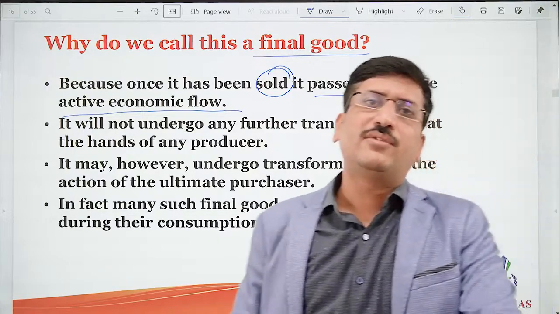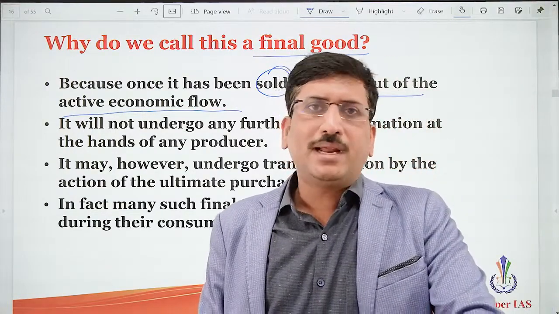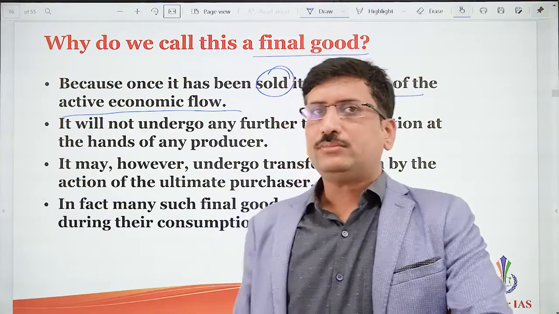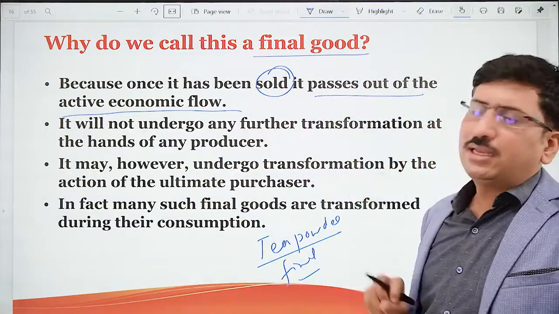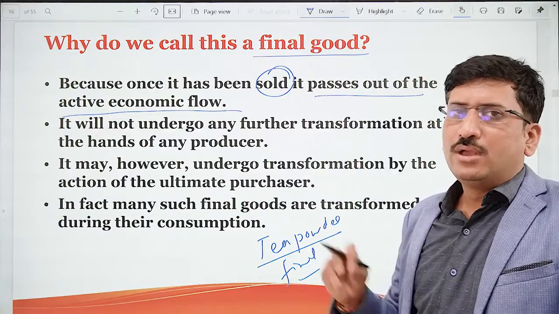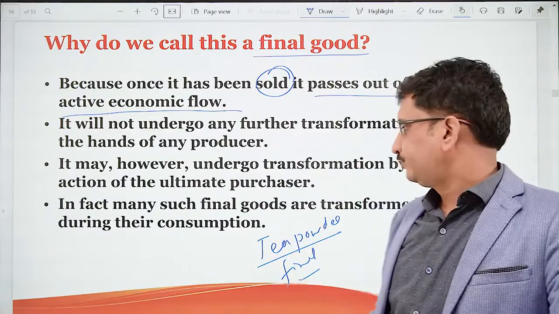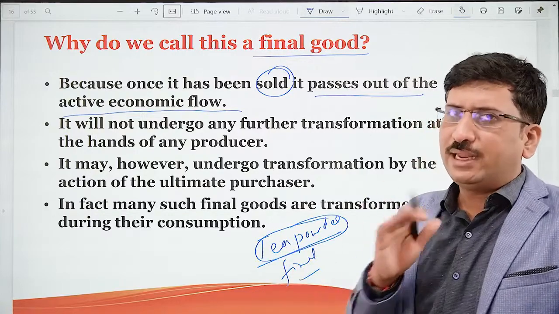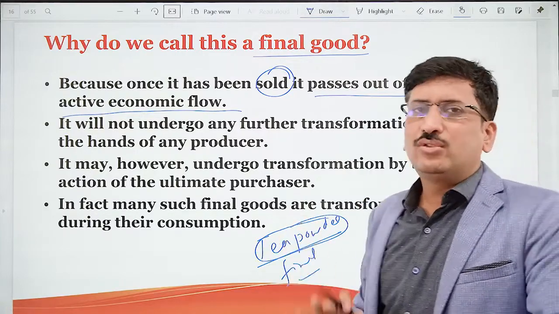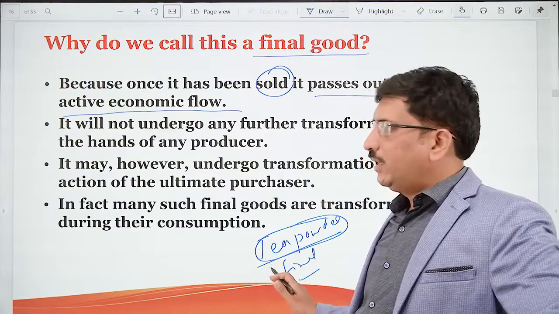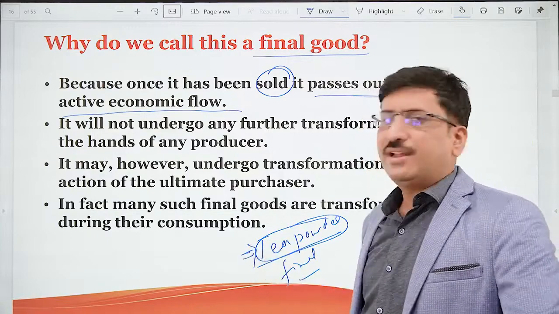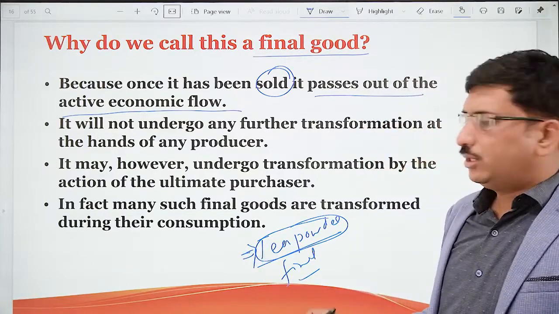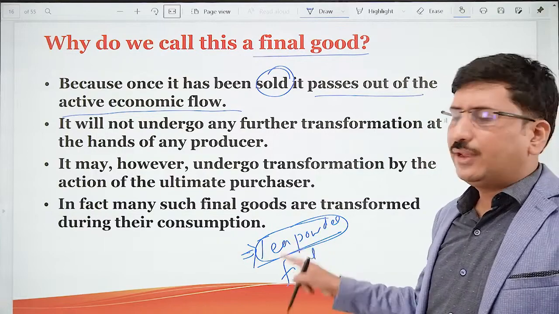You are also using it for making tea at home. But I am not selling the tea. From the economic flow where money is exchanged, the last money exchanged point is when I am buying the tea powder. After that, there is no exchange of money. That is why this tea powder is acting like a final good. Okay. Technically, now it is a final good.